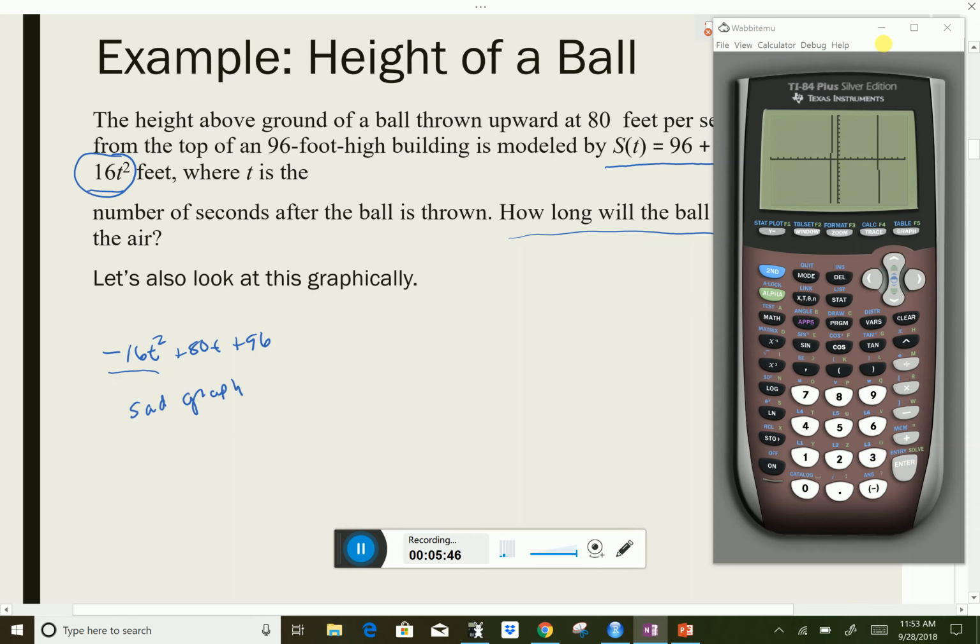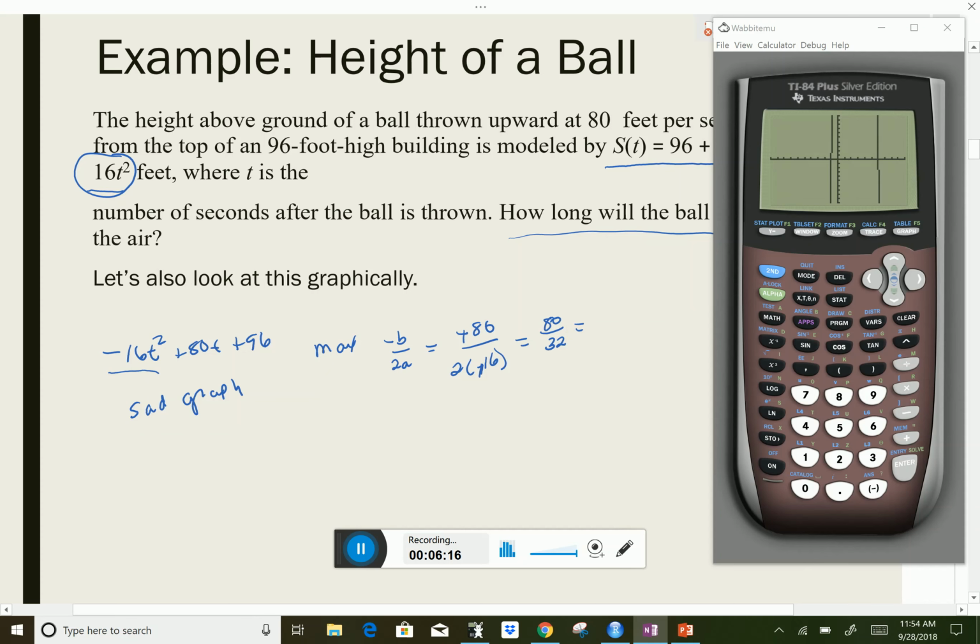And we know that the vertex of this graph is going to be a maximum, and it's going to be at negative b over 2a. So that's negative 80 over 2 times negative 16. So these negatives will cancel. 80 divided by 32. Let's see, what is 80 divided by 32?